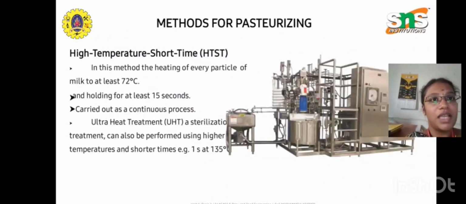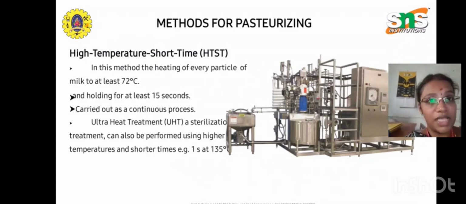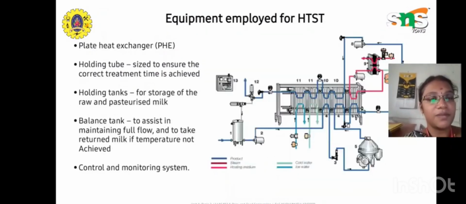Coming to the HTST, this is carried out at 72 degrees Celsius, where each and every particle in the milk is heated to 72 degrees, and the holding time is only 15 seconds, and it is a continuous process. UHT sterilization can also be performed using higher temperatures and shorter times.